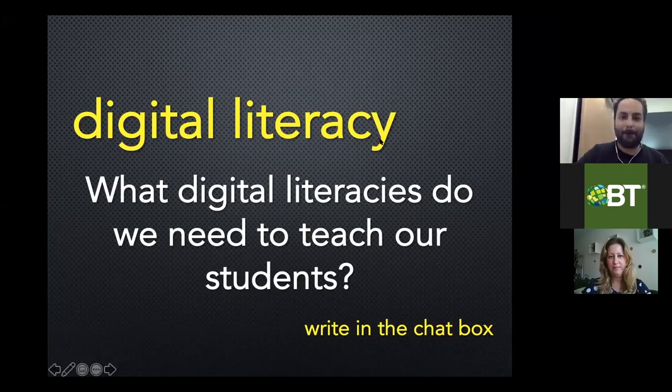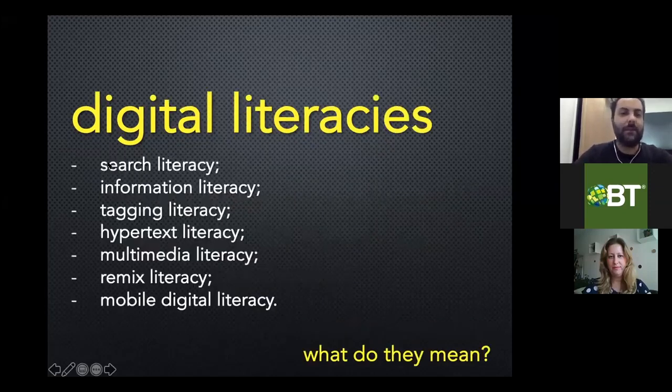So here we have some of the digital literacies we can talk about: search literacy. Then we also have information literacy, tagging literacy, hypertext literacy, remix literacy, and mobile digital literacy.